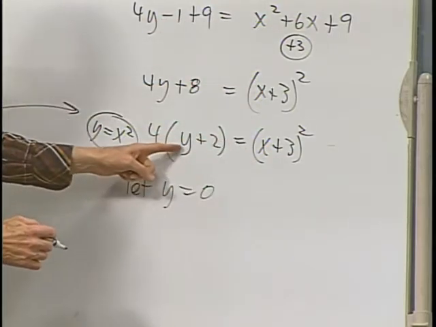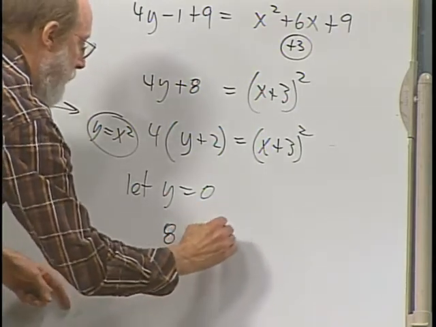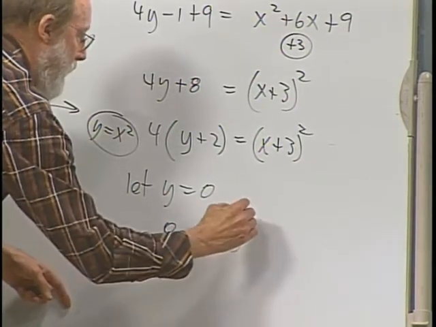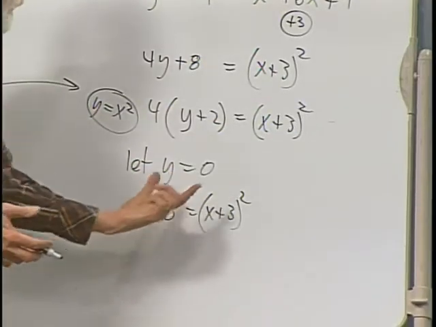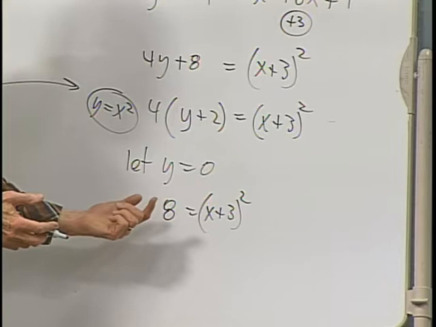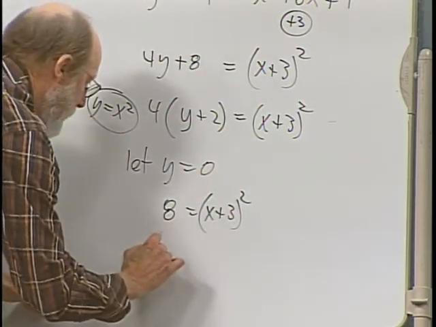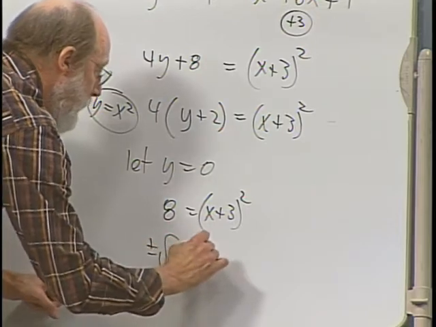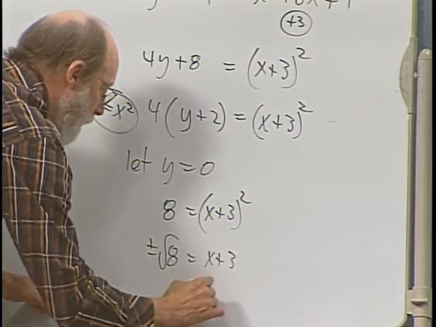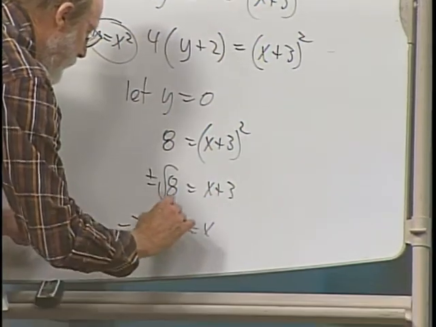So if you let y equal to 0, we have 8 on the left, and over on the right we have the perfect square, and this is back in the intermediate algebra level. This is called the square root property. So if we square root both sides, we get plus or minus square root of 8 equals x plus 3, and so x equals negative 3 plus or minus 2 square root of 2.